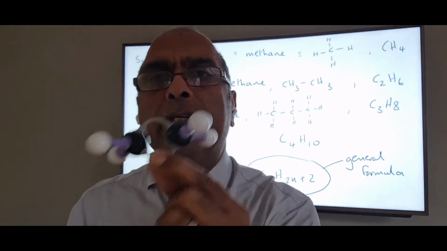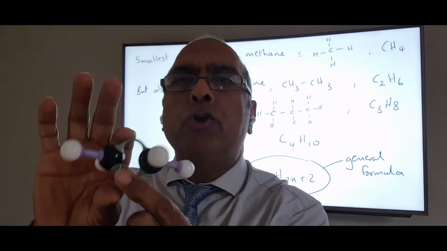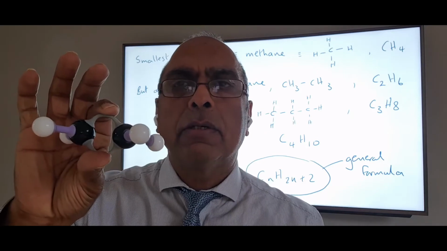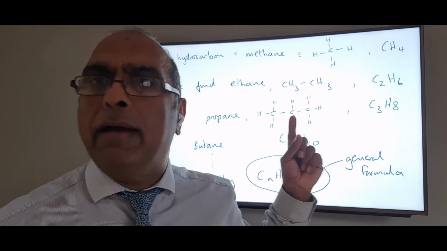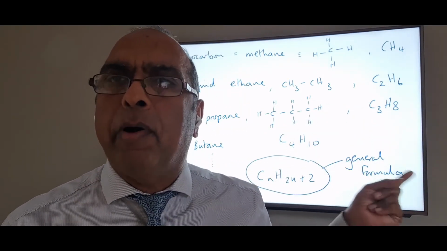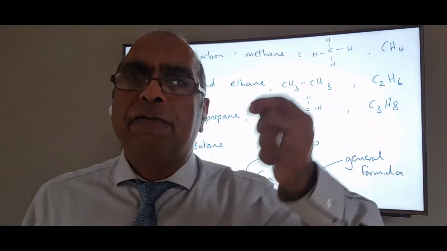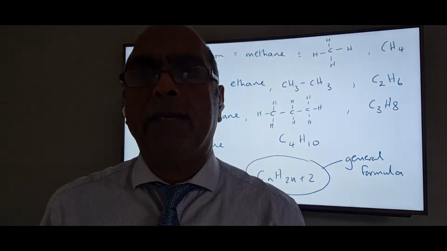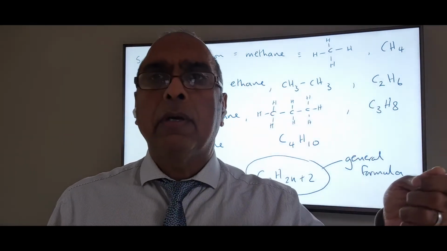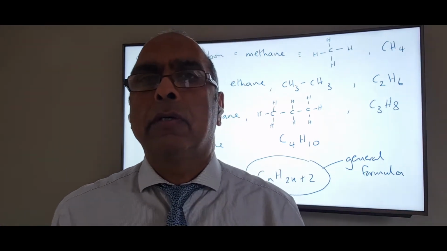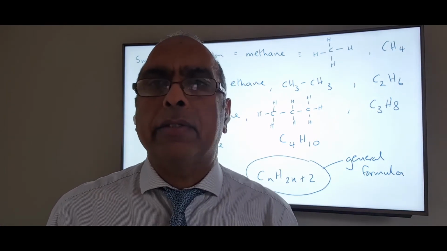Alkenes are defined by their double bond between carbon atoms. Alkanes don't have those. In alkanes, every bond is a single bond. So the first homologous series I want you to know about is alkanes.